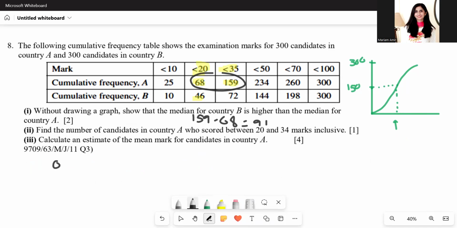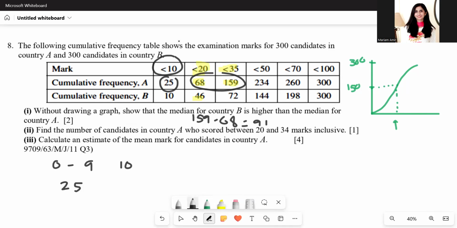This says less than 10, so we can go from 0 to 9, and the frequency is 25. That is 25 students score between 0 to 9 marks. And remember, marks are discrete. So the next mark would be 10. You get marks as a whole number. You do not get marks in decimals, especially in Cambridge checking.